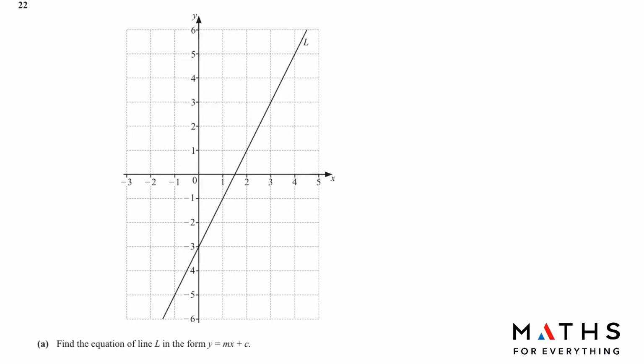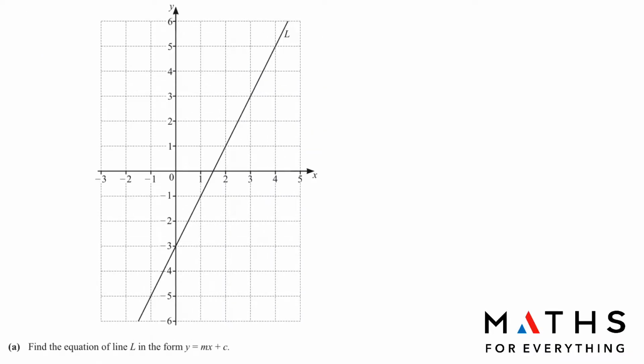Question number 22. We have been given a grid and there's a line drawn. A, find the equation of the line L in the form y is equal to mx plus c. To find the equation of the line, we need to find the gradient. And to find the gradient, we will need 2 points. You can choose whichever 2 points you want.